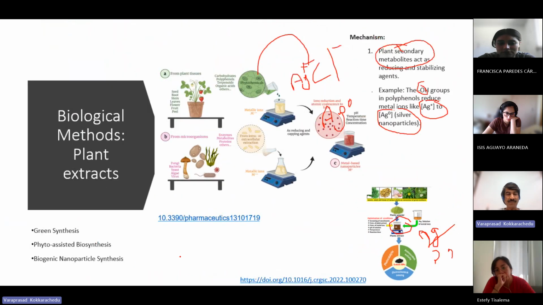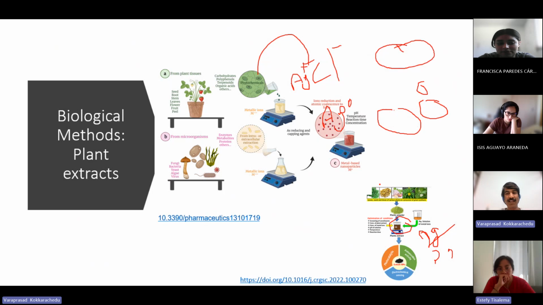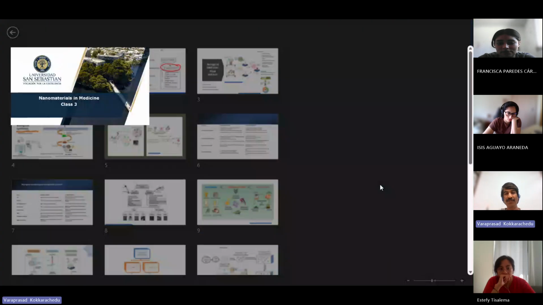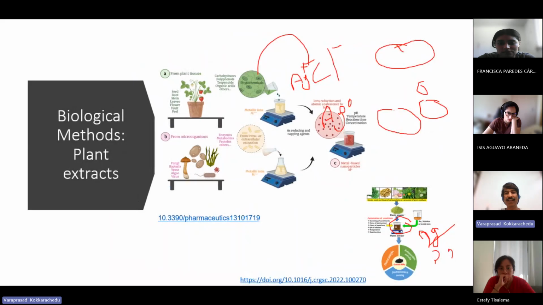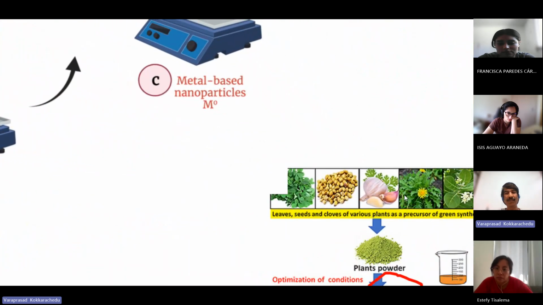We can also use plant leaves directly, but it will not be as accurate. Making powder is so good. Using the natural one is also good, but we don't know how much phenolic concentration of materials we are using directly for the synthesis of nanoparticles. That's why all people make powders, and after that they use the powders.